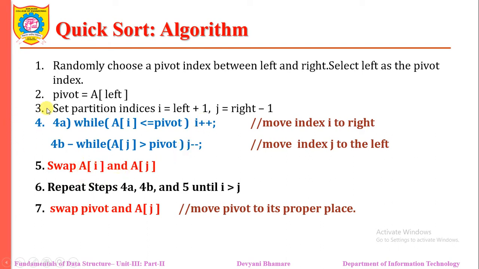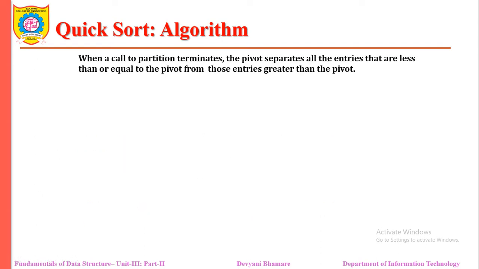Steps 3 and 4 are performed repeatedly until the index I is greater than the index J, and then the pivot element is swapped with A of J. This means the pivot element is placed in its appropriate position.